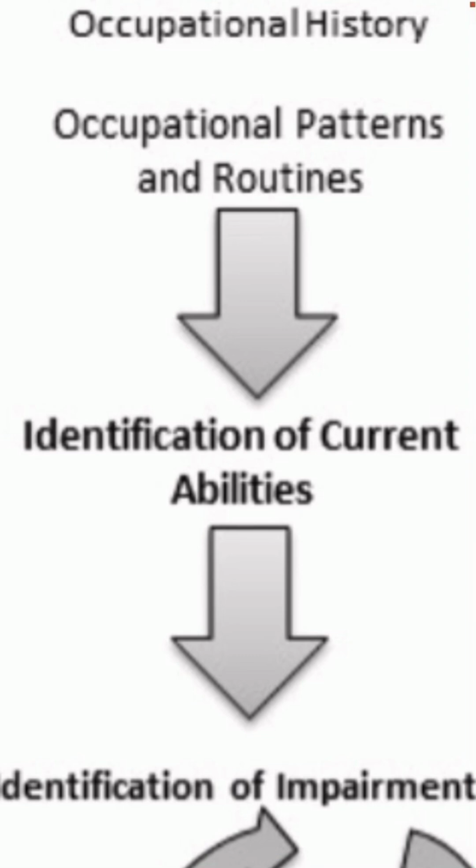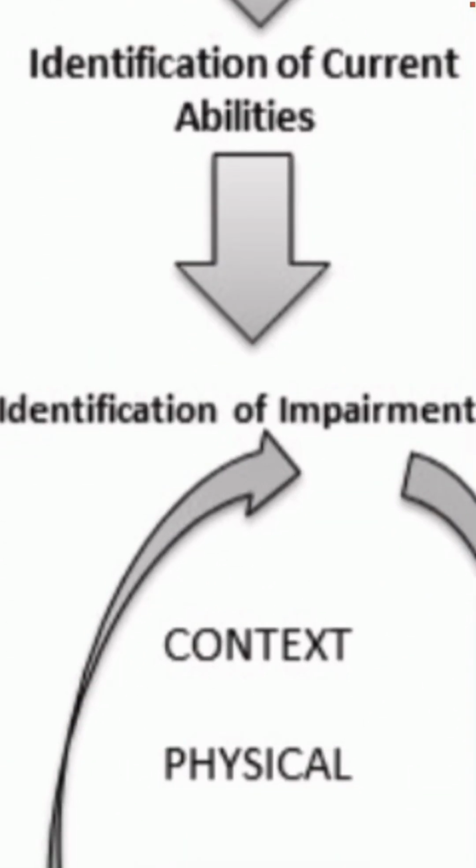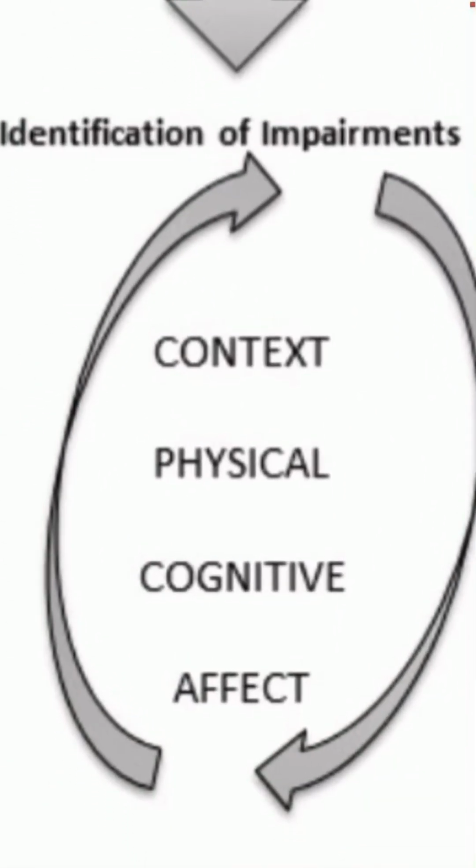And if there are discrepancies, what you need to find out afterwards is the impairment. What is causing your patients to not do the things that they were doing? Is it because of a contextual concern? What do I mean by that?